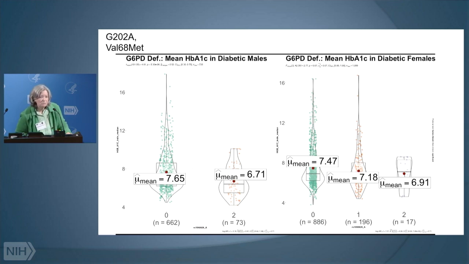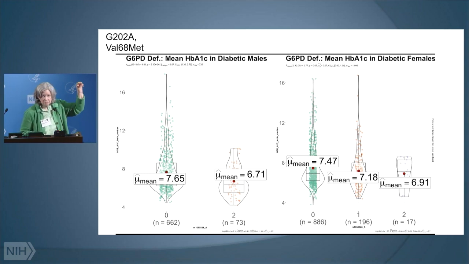Hemoglobin A1C is an important measure for understanding how well the control for blood glucose levels is in people with diabetes. It is now not infrequently used as a way of diagnosing diabetes in healthcare systems.